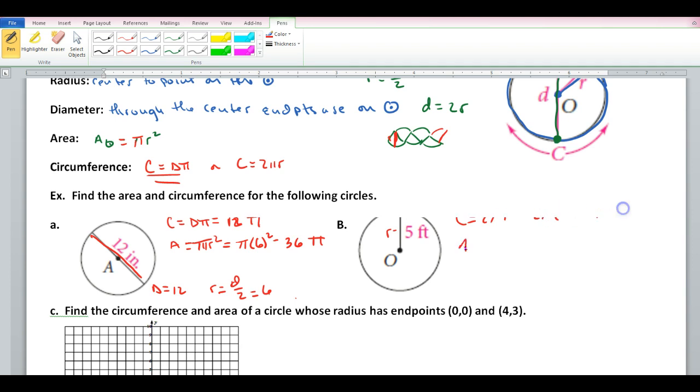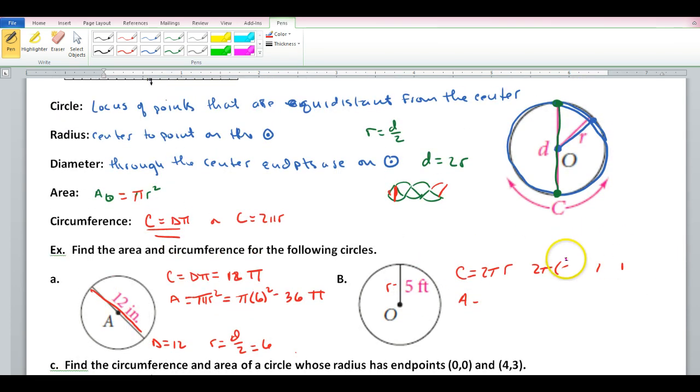And the area is even easier in this case, because the area would be just pi times that radius squared. Pi times 5 squared would give you 25 pi. I apologize, things keep disappearing here. Hopefully you're getting them down as you're going along.